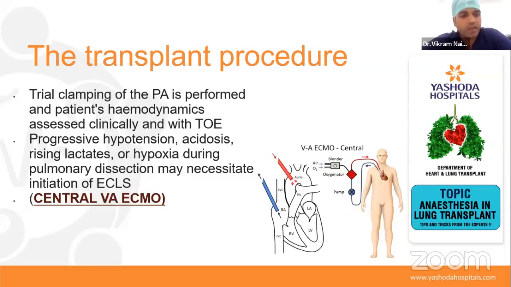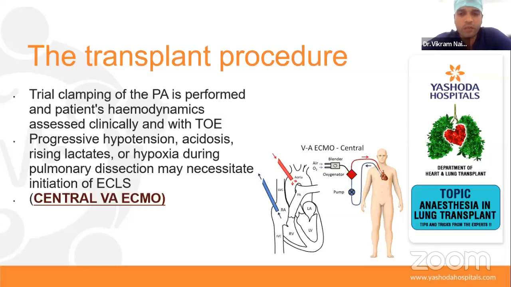Usually the right-sided pneumonectomy is initially performed, and we proceed to start the right side graft first. Trial clamping of the PA is performed, and the patient's hemodynamics are assessed clinically and with the transesophageal echo. Any progressive hypotension, acidosis, rising lactates or hypoxia during the pulmonary dissection might necessitate the initiation of ECLS.